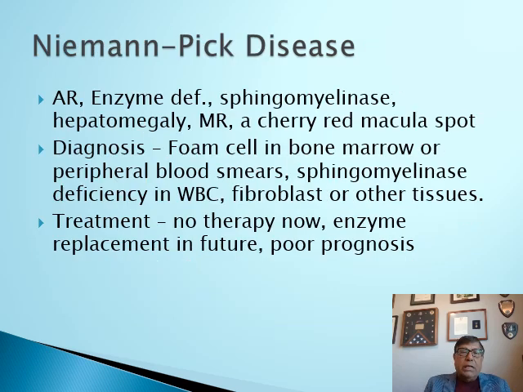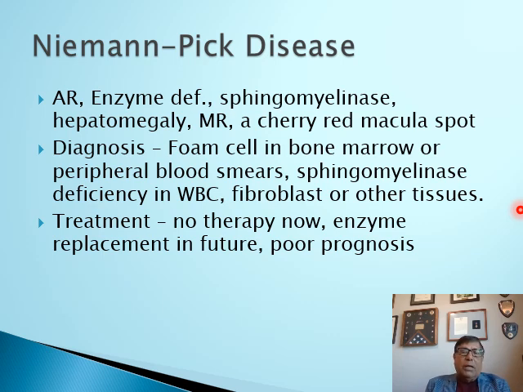The next is Niemann-Pick disease. This is autosomal recessive, and the enzyme deficiency is sphingomyelinase, and you have hepatomegaly, mental retardation, and also you have cherry red spot. So Gaucher and Niemann-Pick both have cherry red spot, and bone marrow will show the foam cell in the bone marrow.